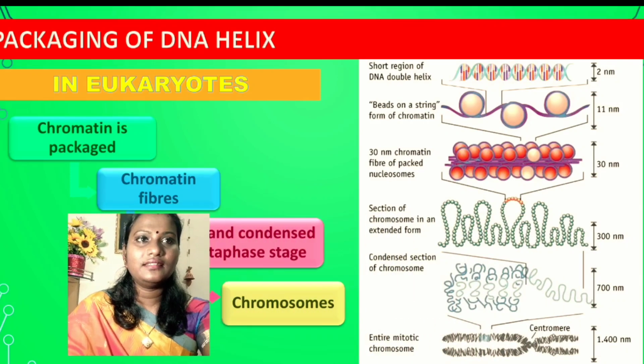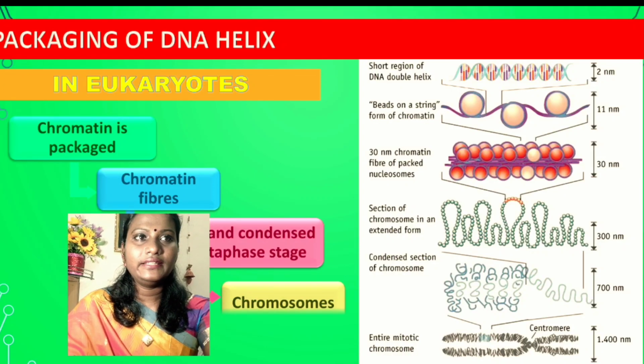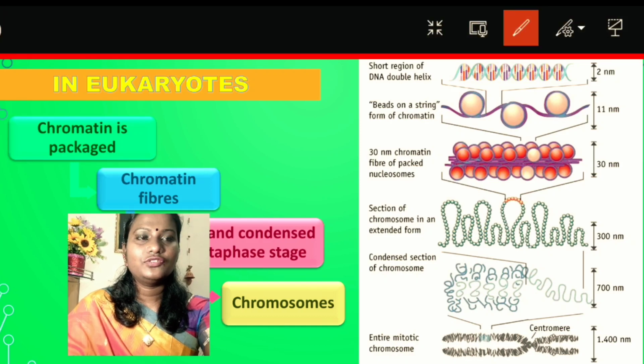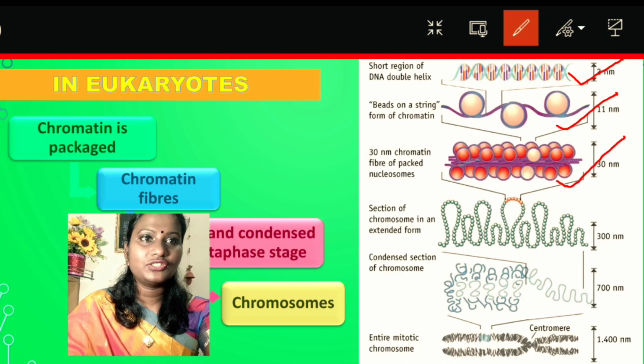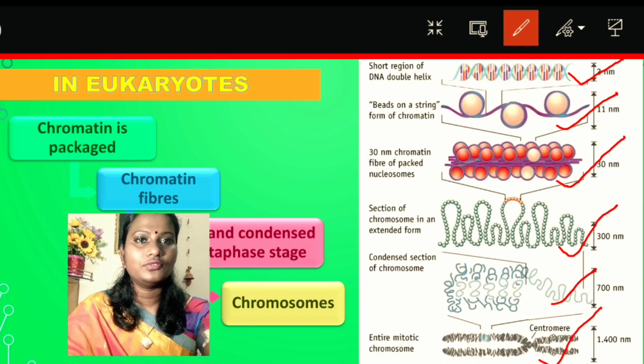You can see in the picture here, this is the double helix model of DNA, and in the next stage it looks like beads on a string, and these are the chromatin fibers. These chromatin fibers are further extended and keep on condensing, and at last they look like a chromosome.